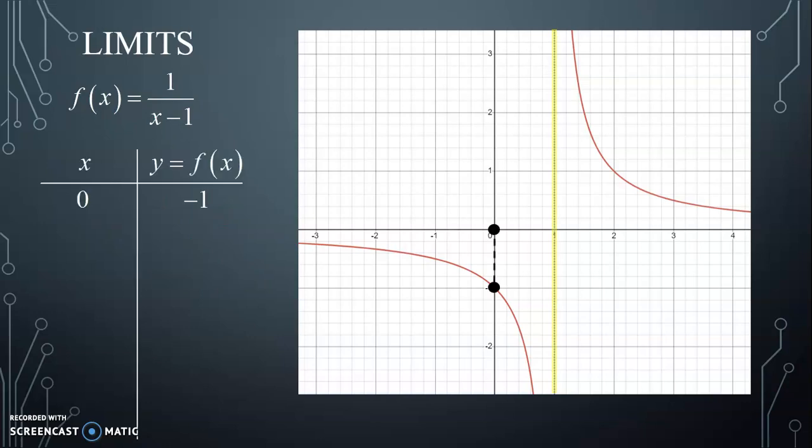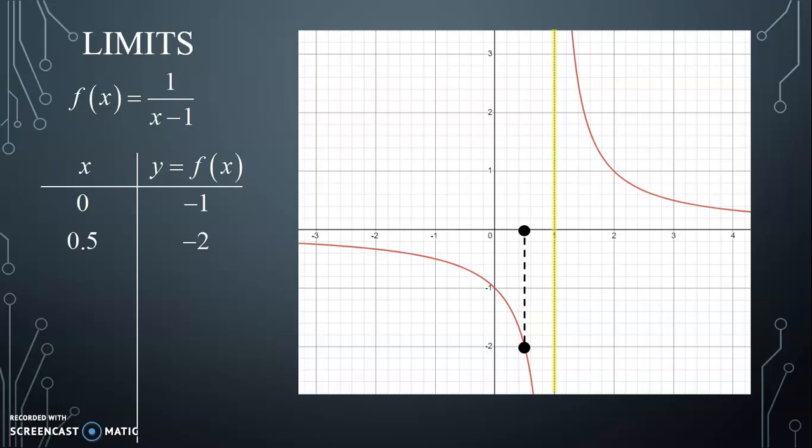Starting at a random value of x on the left side of x equals 1, which in this case I took x equals 0, and evaluating f of x for x equals 0, we find f of 0 to be equal to negative 1. Now let's start approaching x equals 1 by taking a second random point, 0.5 for example. f of 0.5 yields a y value of negative 2.